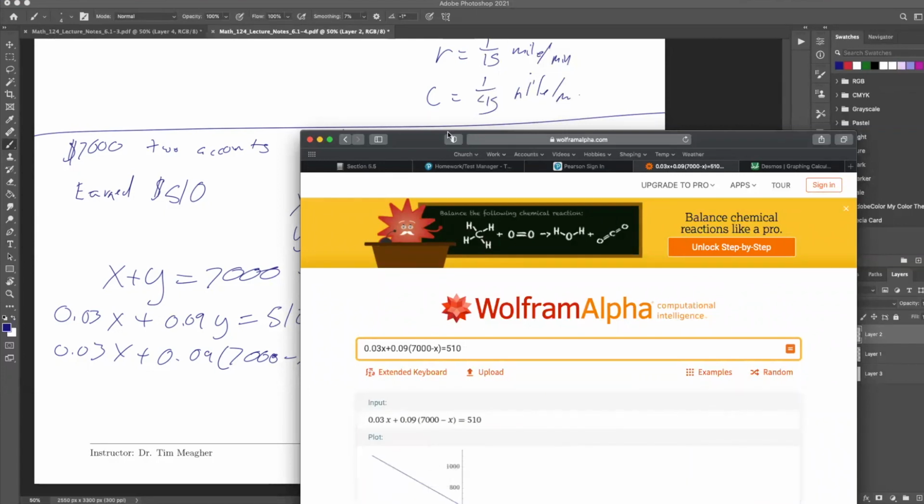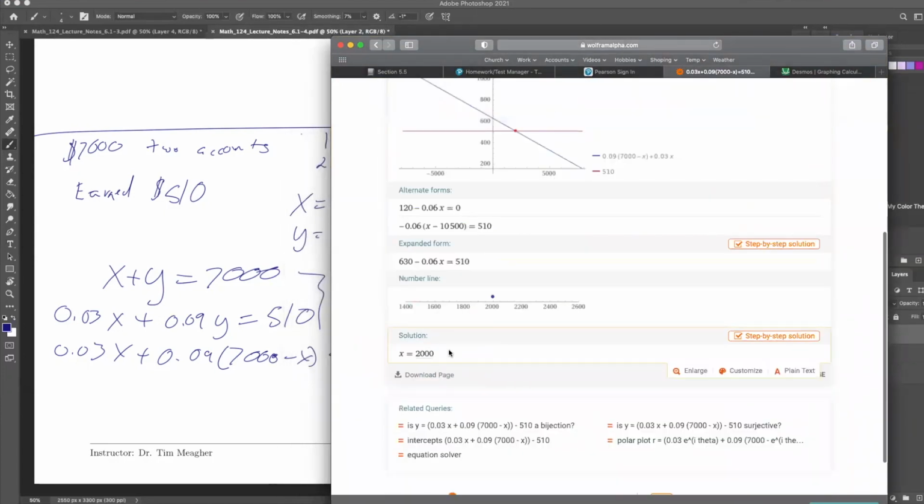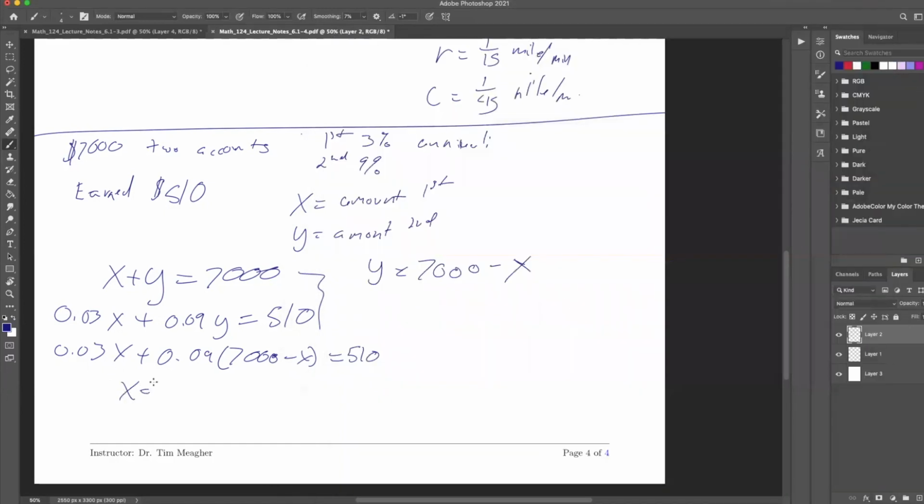And we get x is 2,000. So if x is 2,000, well then y must be 5,000. Okay, so that's how you solve that one. These are common, and we do them all the time. All right, so that's how you do this one.